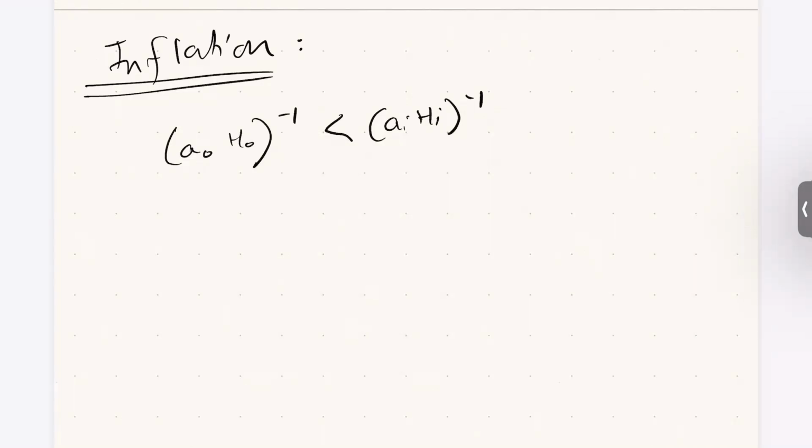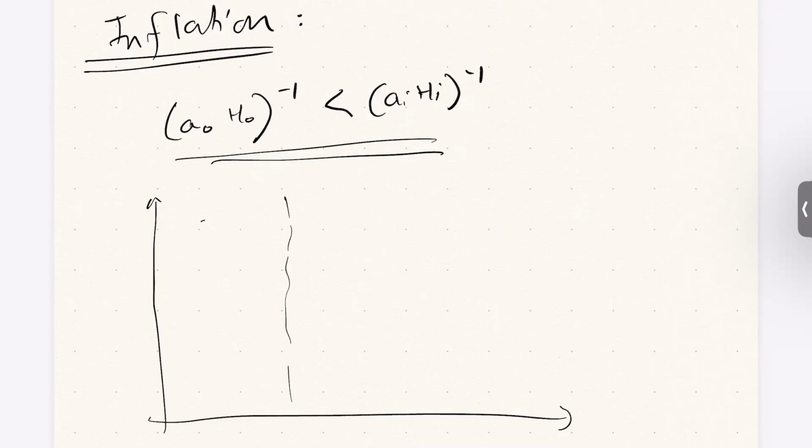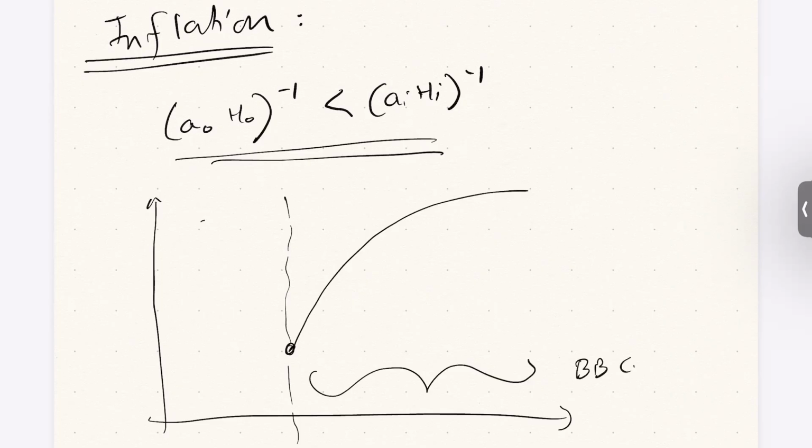Do we understand what's happening over here? So what I mean by this inequality is that, okay, let's look at this chart. So I know this is true. This is just generic Big Bang cosmology.